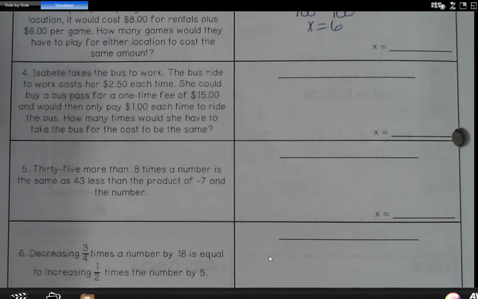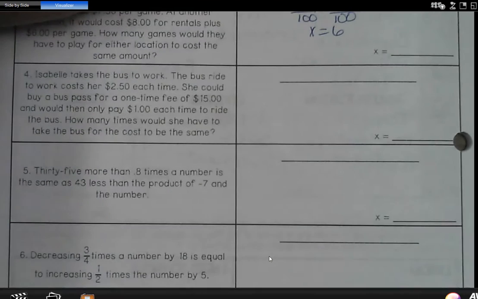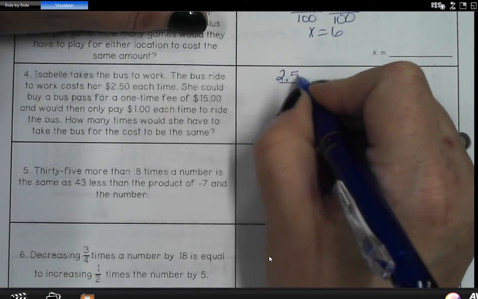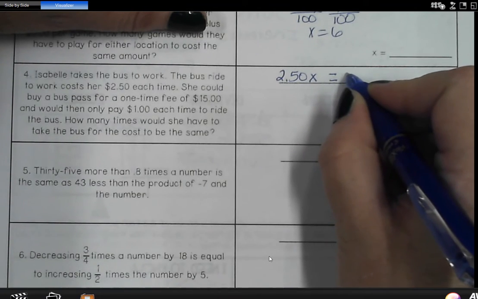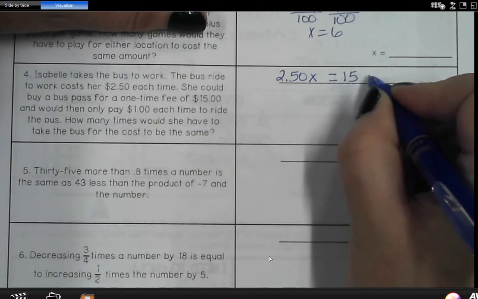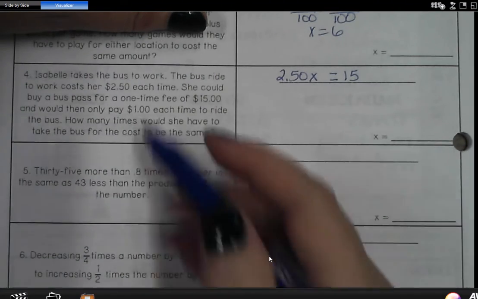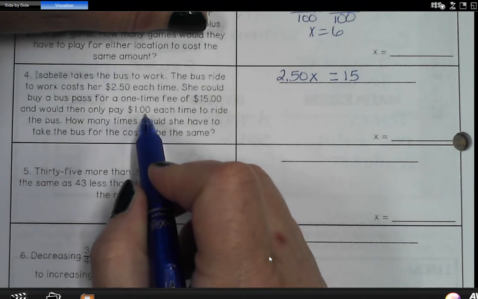Okay, so tell me what the equation was. Let's go with Jasper. What'd you write for the equation? So, is it taking away $1 each time that you get on the bus?